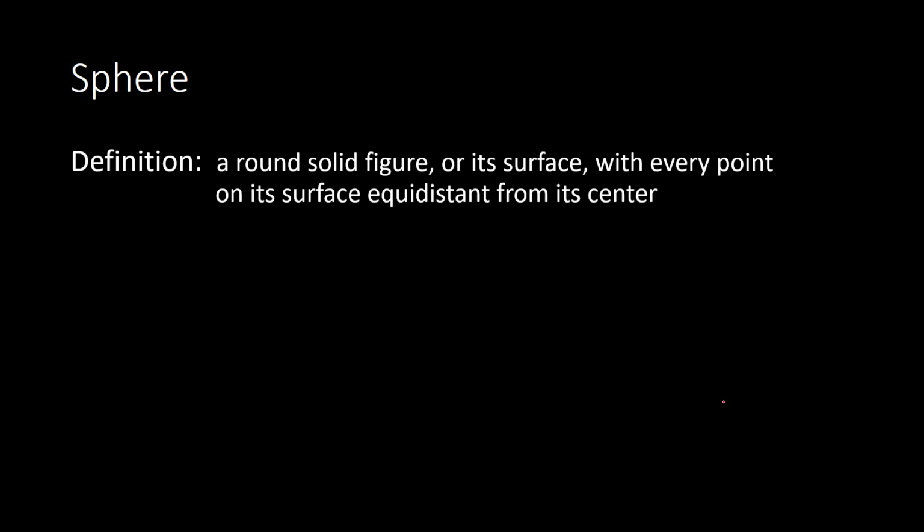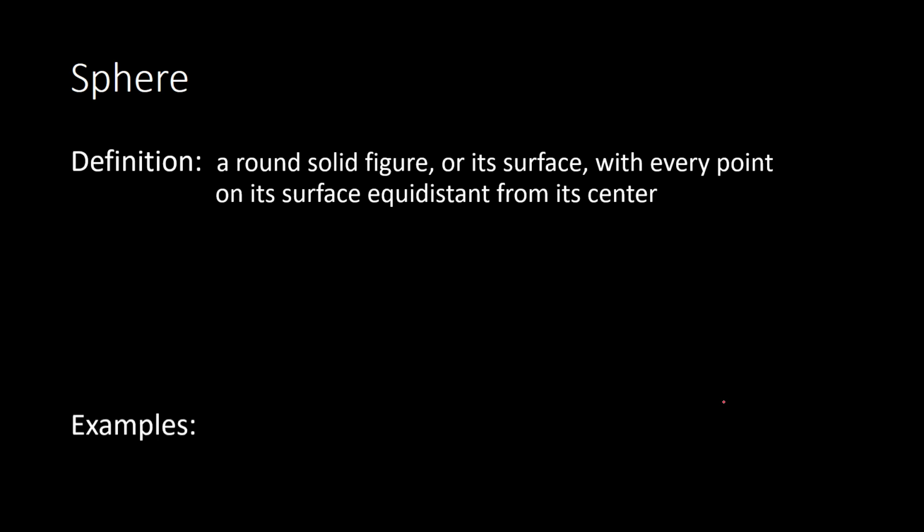Next, we have a term called a sphere, and a sphere is like a three-dimensional circle. So a technical definition is a round, solid figure, or its surface, with every point on its surface equidistant from the center. So basically a circle, but three-dimensional.